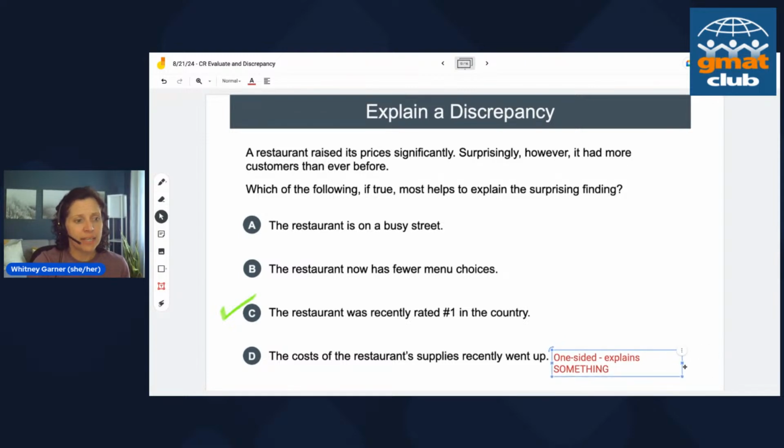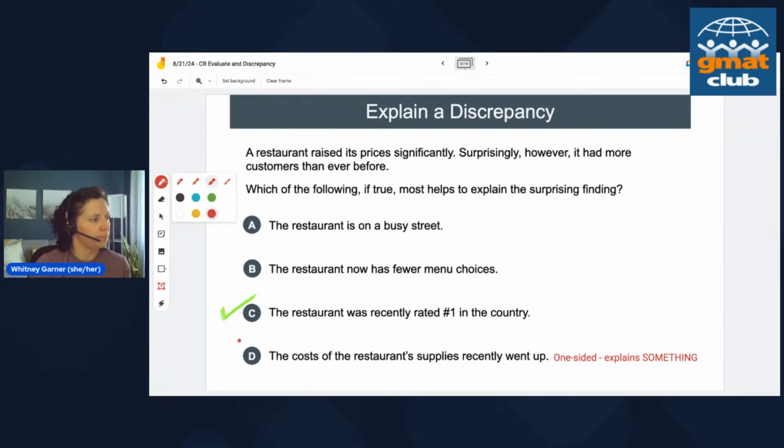In this case, it explains maybe why we raised our prices, but it doesn't explain the discrepancy that we care about. So it's like, okay, I get it, here's why you increased your prices. I'm still confused why there's a line out the door. So D is going to be a wrong answer, because sure, it does explain something, but it doesn't explain the weird outcome. It doesn't help me resolve it.